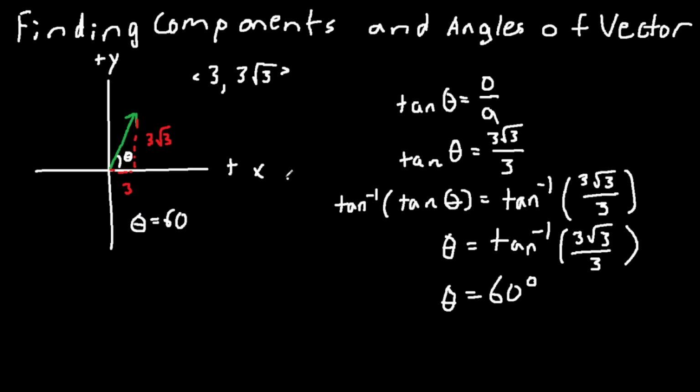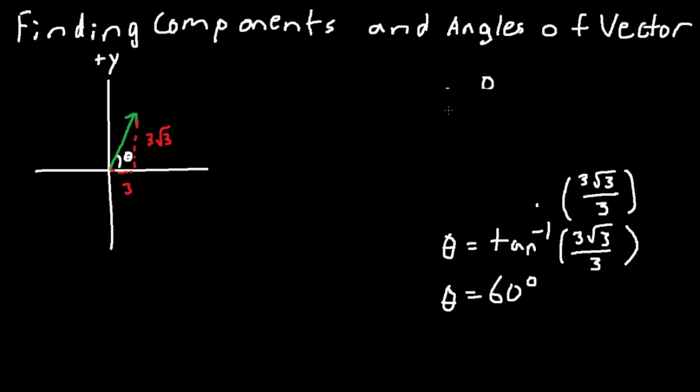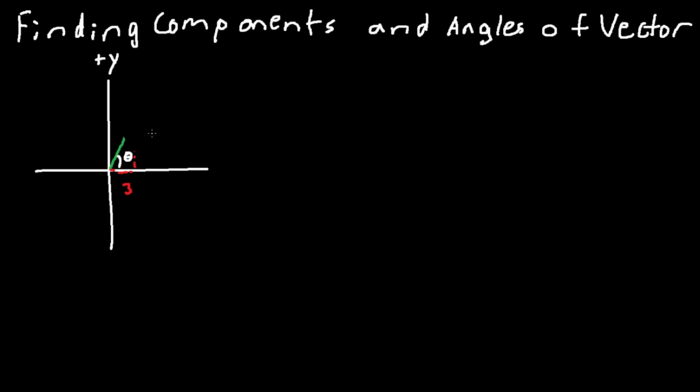You would represent this as 60 degrees above the positive x-axis, because this angle is right against the positive x-axis. So you can use inverse tangents to solve for the angles of vectors.